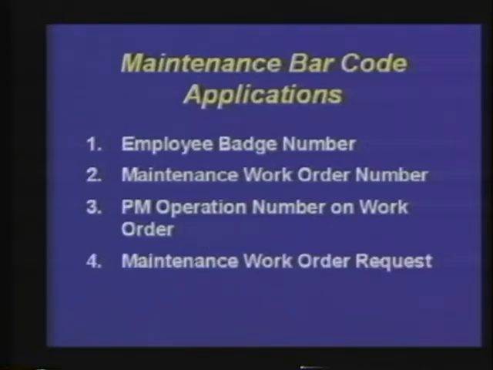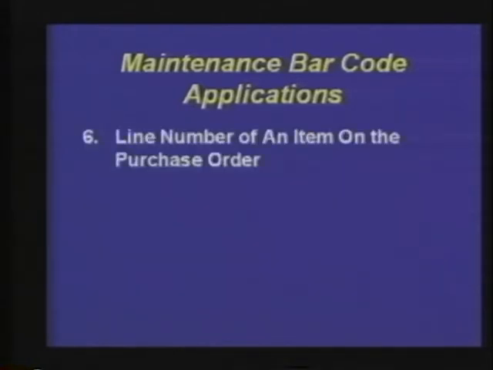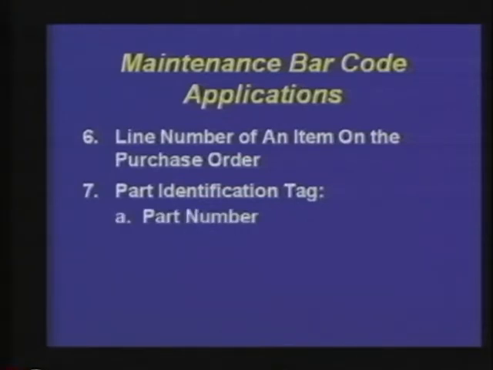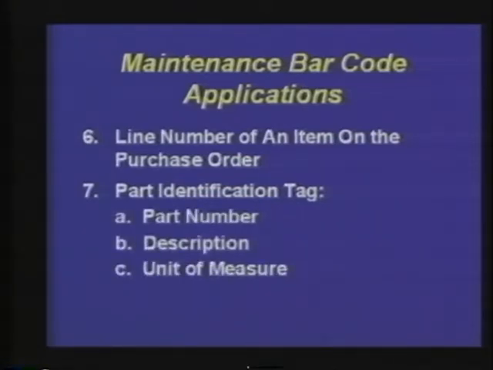The maintenance work order request for, let's say, future unplanned maintenance work orders. The purchase order number, the line number on the purchase order if there's more than one item on that PO, part identification tags, identifying basically the part number, where the description and the unit of measure would come automatically as a byproduct of the part number.